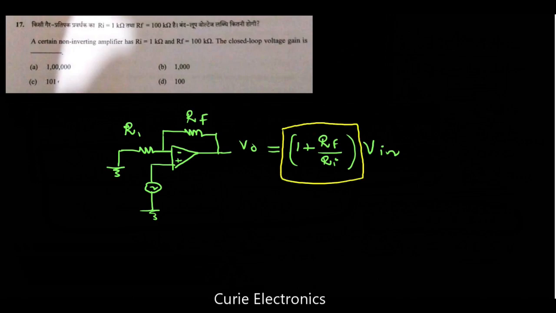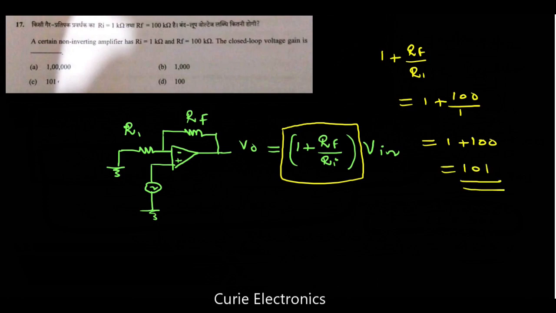So let's calculate: 1 plus Rf upon Ri is equal to 1 plus 100 kilo ohm upon 1 kilo ohm. So we get 100 upon 1, so it is 1 plus 100. The answer is 101. 101 is the voltage gain. Option C is the right answer.